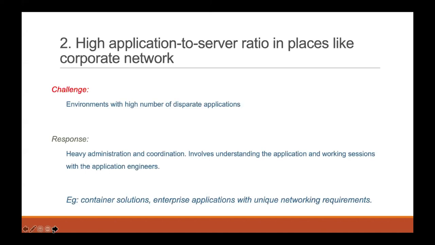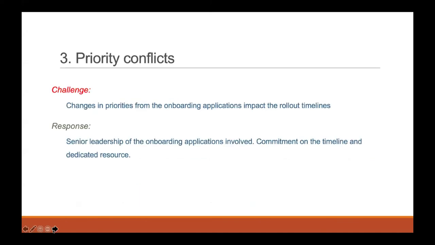Next slide. And then the other challenge that we faced is priority conflicts. When we roll out, we need to coordinate with a lot of teams and get their involvement. Any team will have their own conflicts, their own applications, and their own priorities, right?